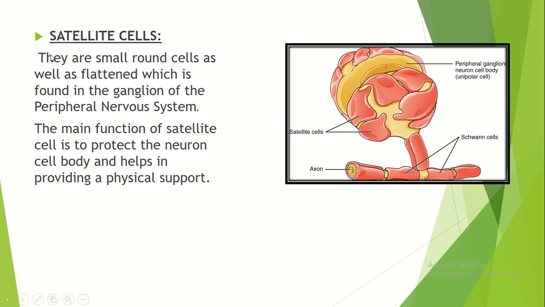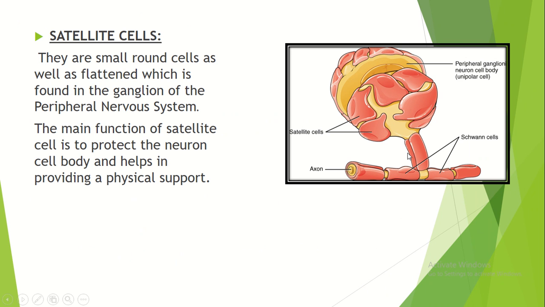The last one is the satellite cells. They are small, round cells as well as flattened cells, which you can see here, found in the ganglion of the peripheral nervous system. This is the ganglion of the peripheral nervous system where these satellite cells are attached. This is the axon. This ganglion is attached to the spinal cord.